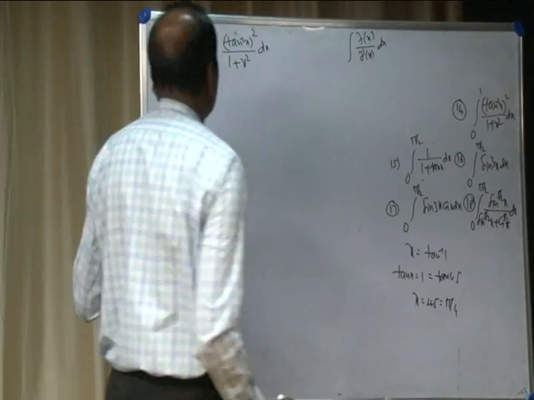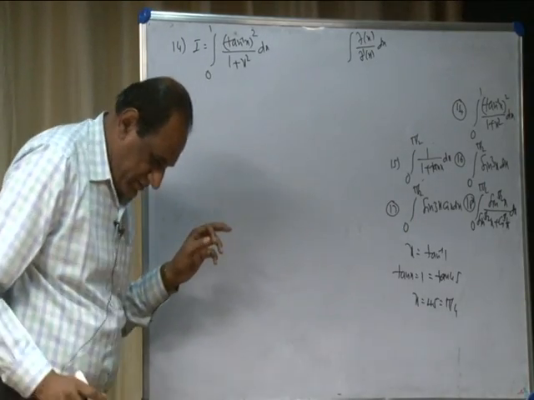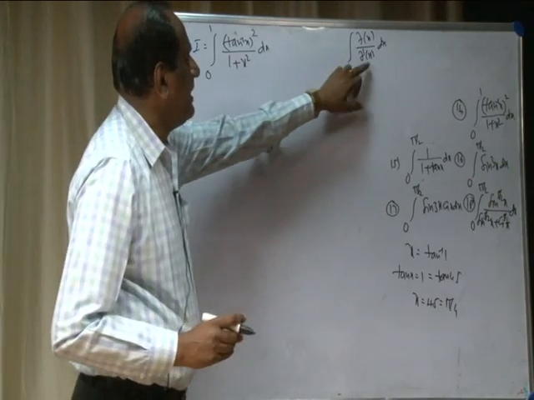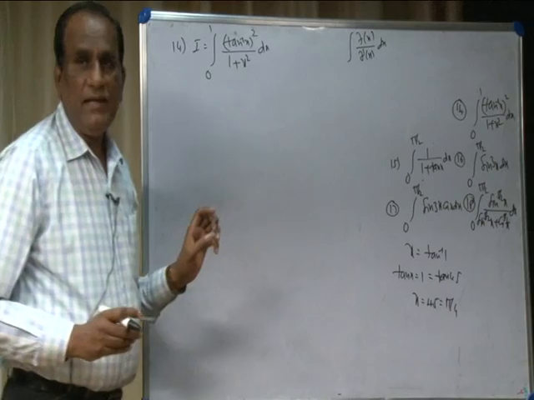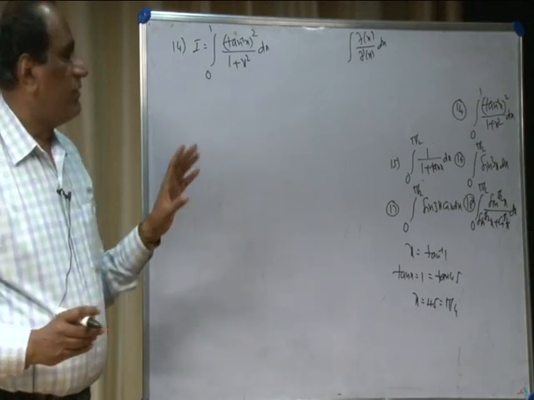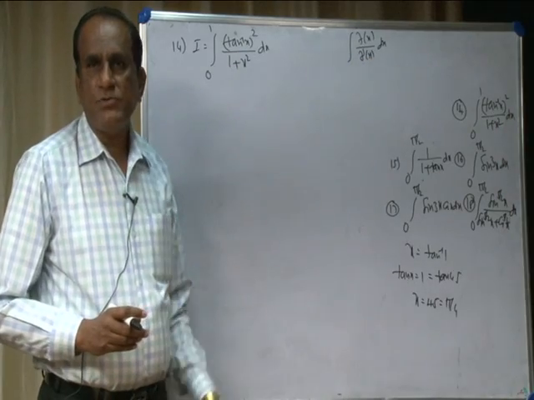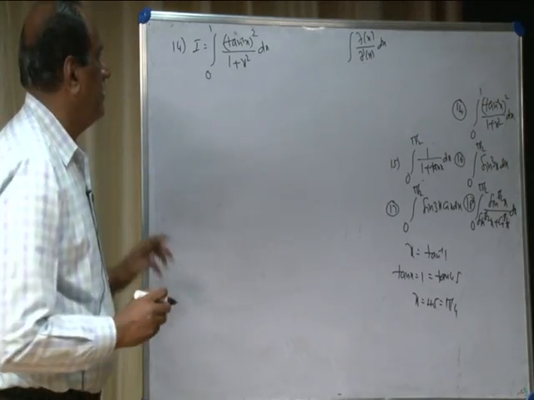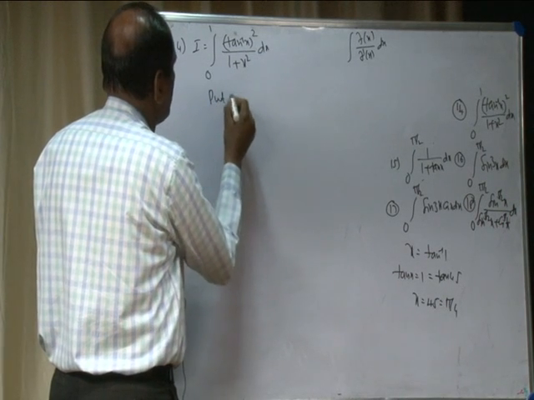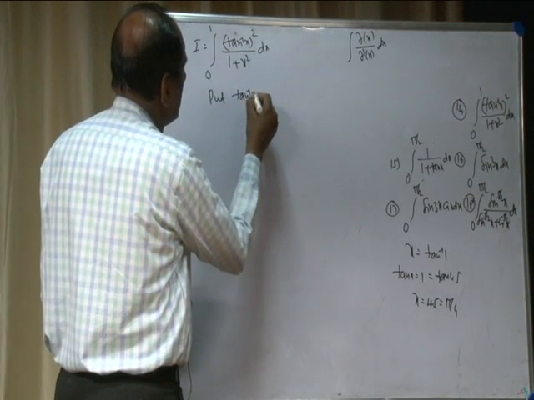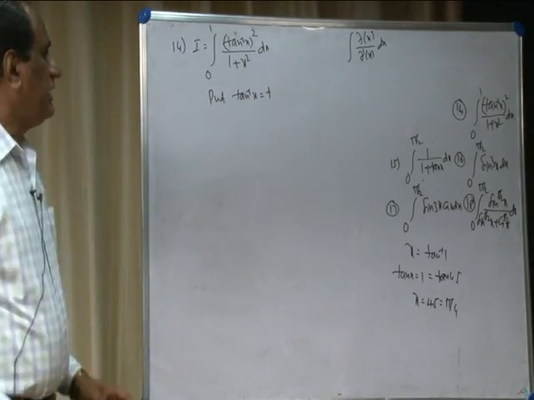If you differentiate the numerator, you will get the denominator. Therefore, take the substitution for f of x. What is f of x? Tan inverse x. So put tan inverse x is equal to t.